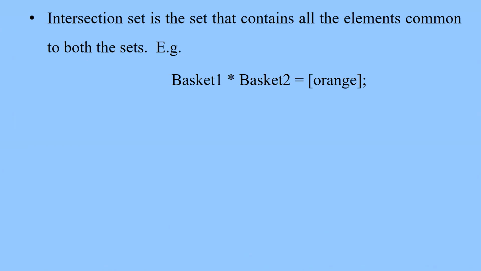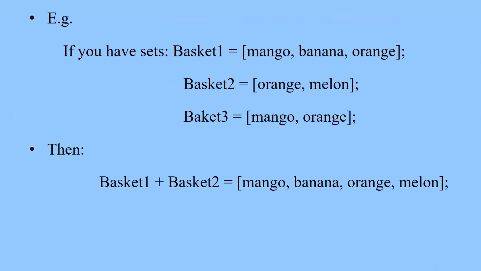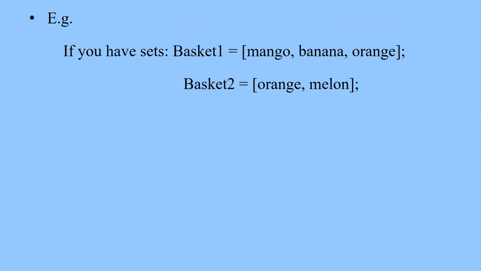For example, the only member who is common here in basket 1 and basket 2 is orange. And therefore, the intersection set will return orange.